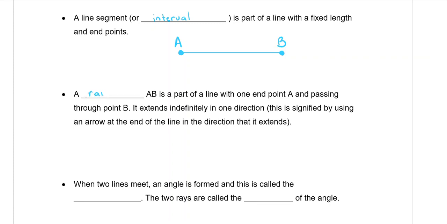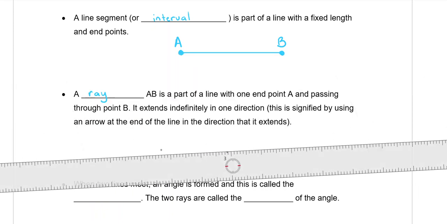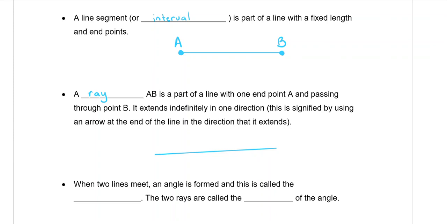A ray, which we're going to call AB, is part of a line with one endpoint at A and passing through the point B. It extends indefinitely in one direction, and this is signified using an arrow on the end of the line in the direction that it extends. So this looks like a line that has an endpoint on one end, and the first letter when you label it is where the endpoint is.